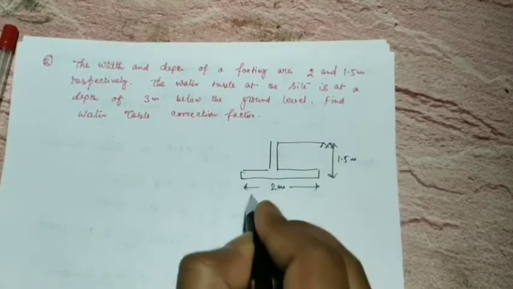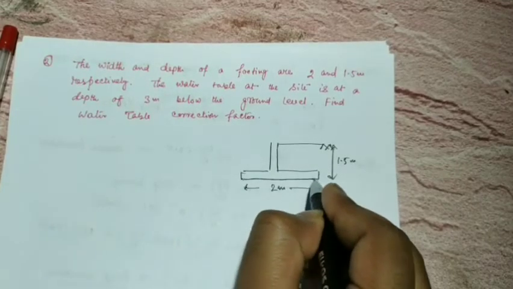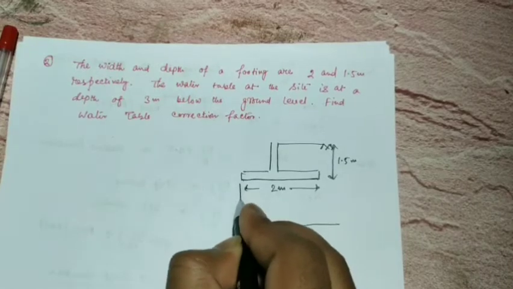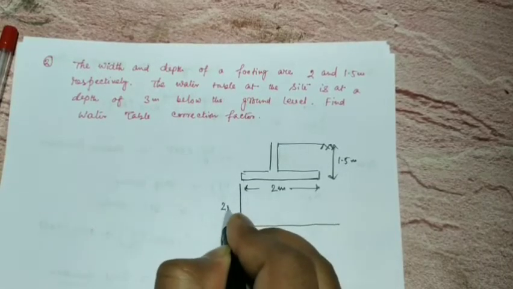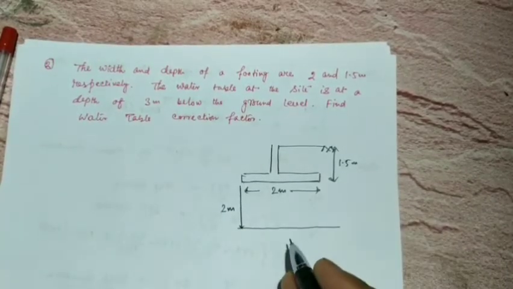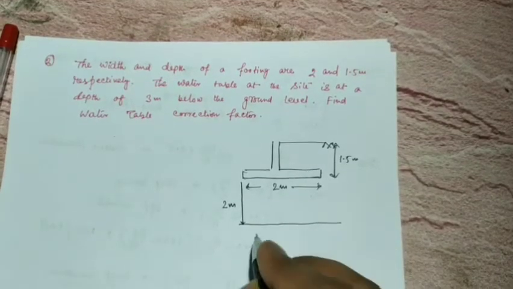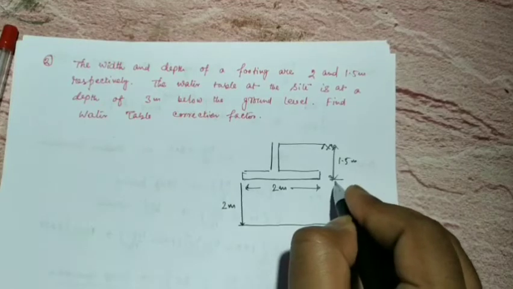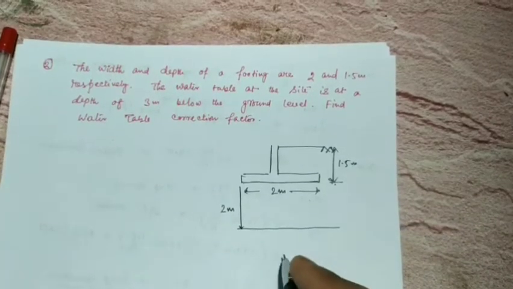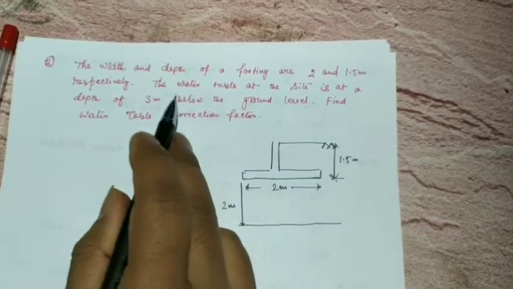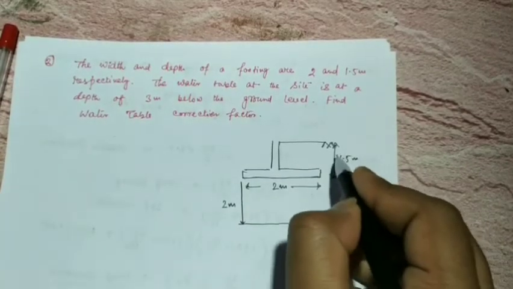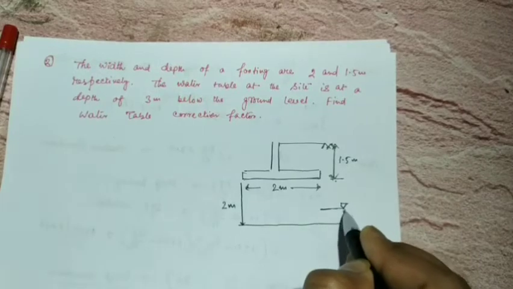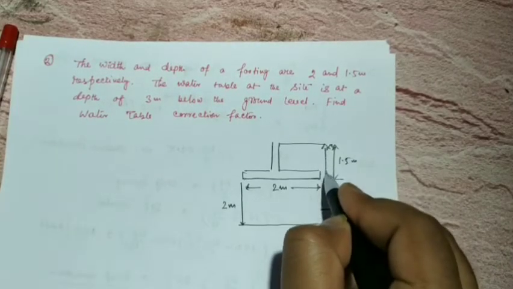So if the width of the foundation is 2 meter, then what will be the level of stress? It will be up to 2 meter depth. So total stress level from ground level is 2 plus 1.5, 3.5, and the question says that the water table is present at 3 meter depth.